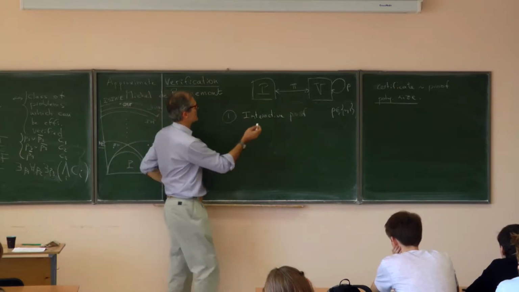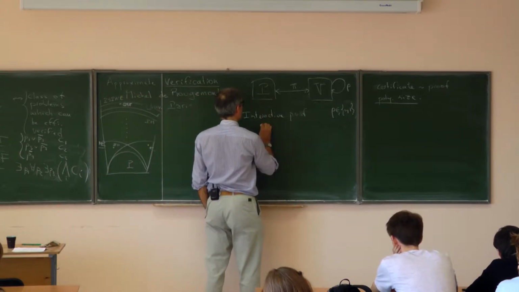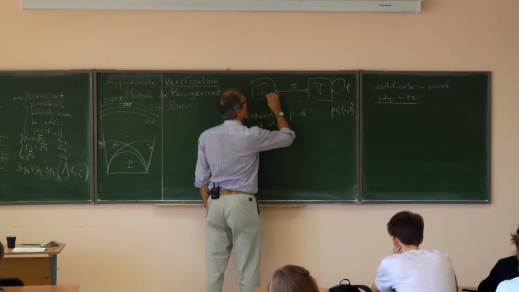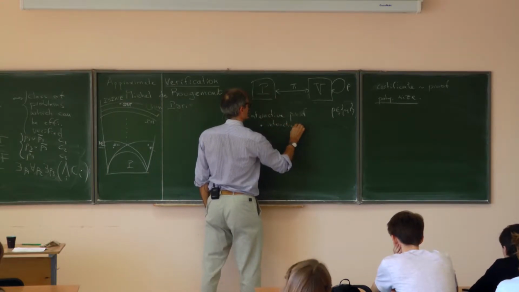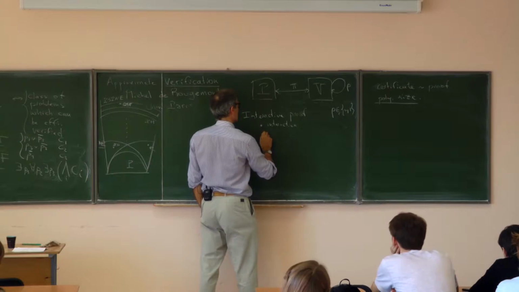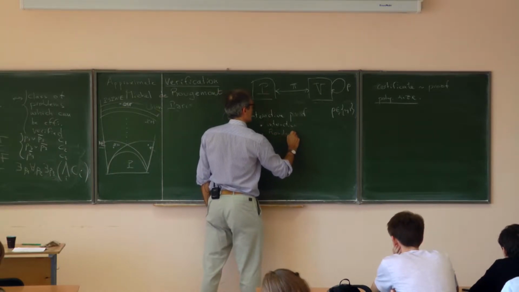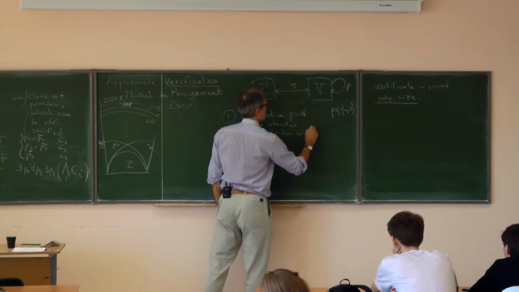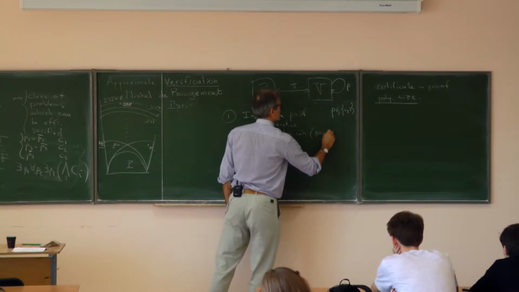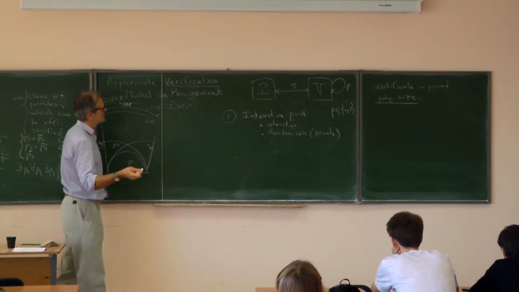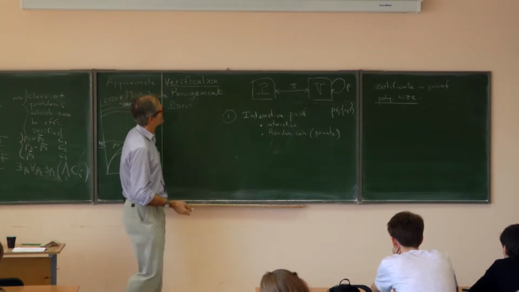So in an interactive proof, there are two ingredients. First, of course, interaction. It's not a one-way thing anymore. And second is randomness. Random coins, and the model we take is that the random coins are private. There is also a model where the random coins are public, which is slightly different.